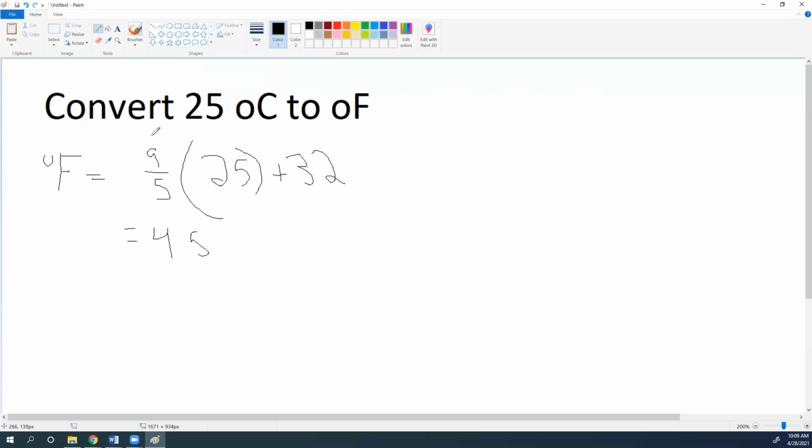This 9/5 is an exact number, so that does not factor into your significant figure calculations. And then plus 32. I have 0 decimals in each one of these, so I need 0 decimals in my answer. That equals 77 degrees Fahrenheit.